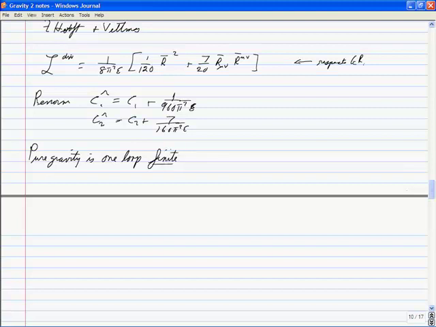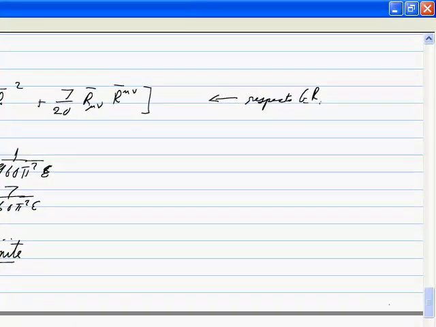Okay. And the logic of that statement is, we've gotten these terms in this Lagrangian, but the pure gravity equations of motion are R mu nu equals 0. Okay, it's actually R mu nu minus a quarter g mu nu R equals 0, but both of them have to be equal to 0.